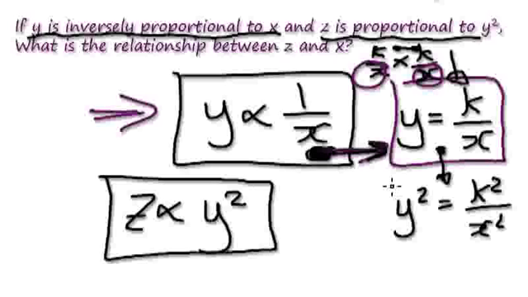Now look at this. We've got the y squared here, and y squared here. We can actually put this into this. So now we've got z is proportional to some sort of number over x squared.